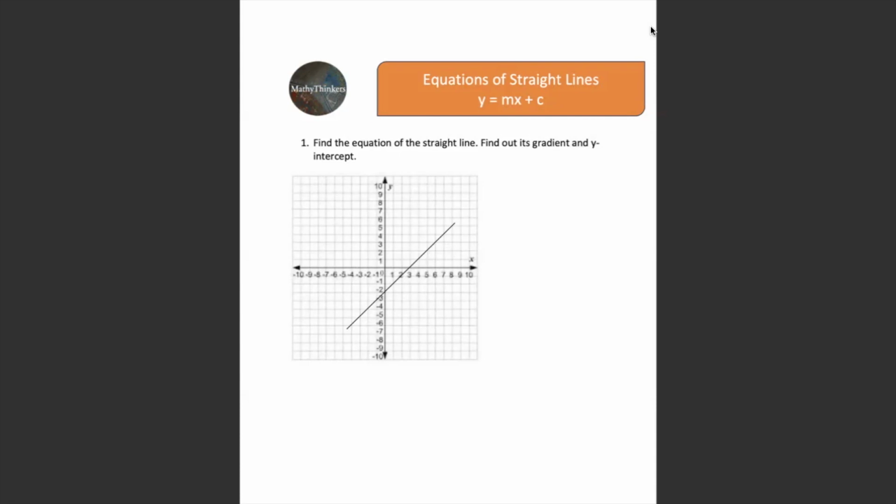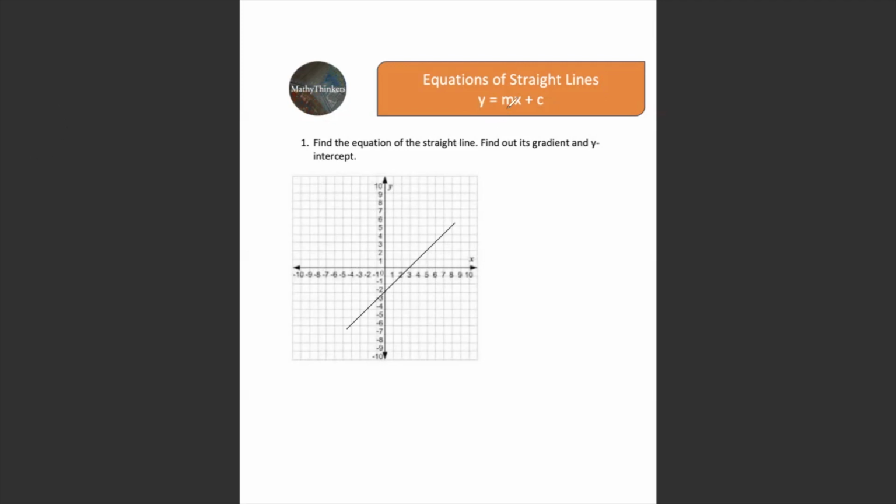So the first question says, find the equation of the straight line, and find out its gradient and y-intercept. The first thing that we have to know is the standard form of a straight line. If you follow my cursor, this is the standard form of a straight line, y equals mx plus c.